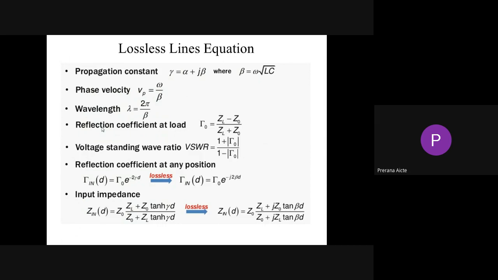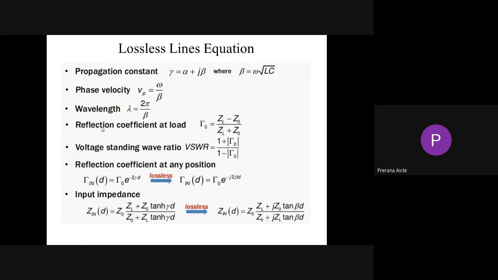Then phase velocity. We already saw in the last class that phase velocity is equal to omega divided by k, where k is nothing but the phase number. Here you can use omega by beta, where beta is equal to omega into root LC.